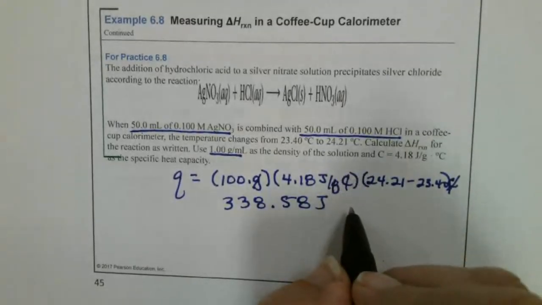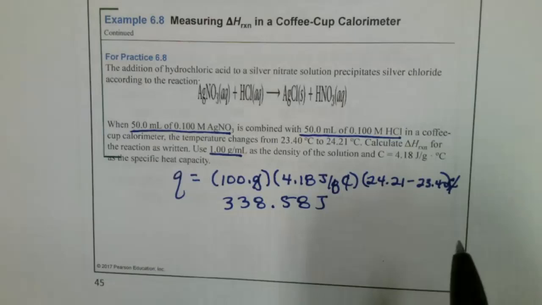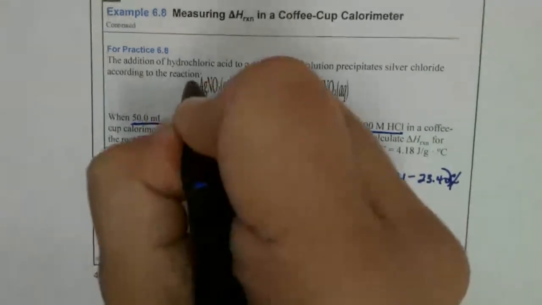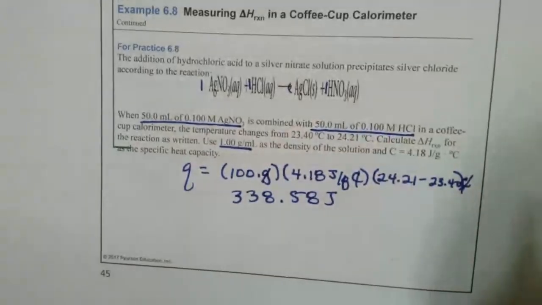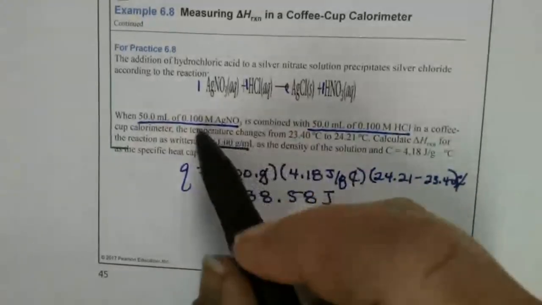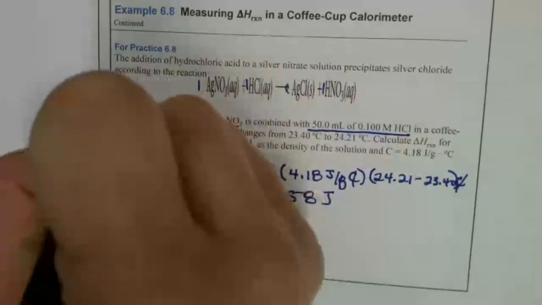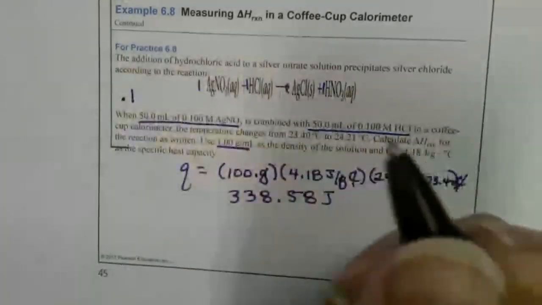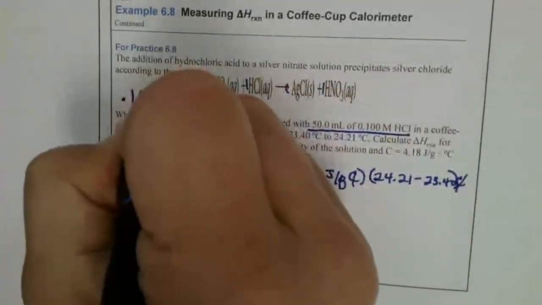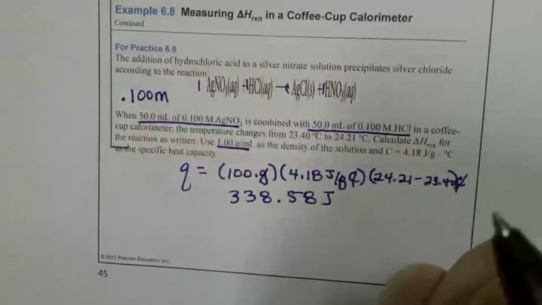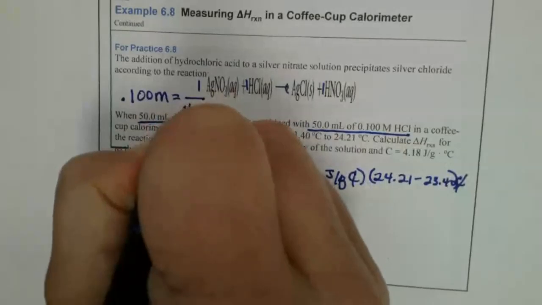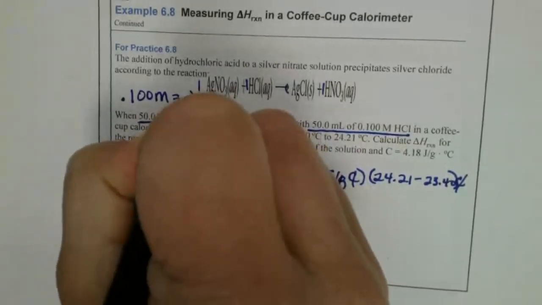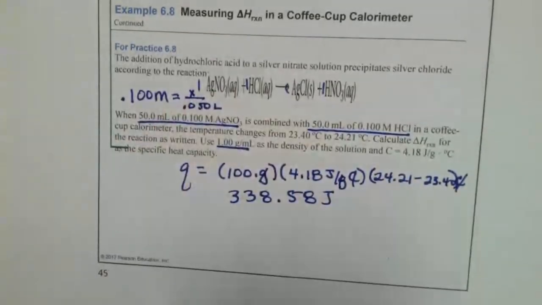That comes from, we have to figure out how many moles. Now, this isn't a 1 to 1 to 1 to 1 ratio. That's delightful. Okay, so if I have 0.100 molar, and I have 50 mL, 0.050 liters, how many moles is that?